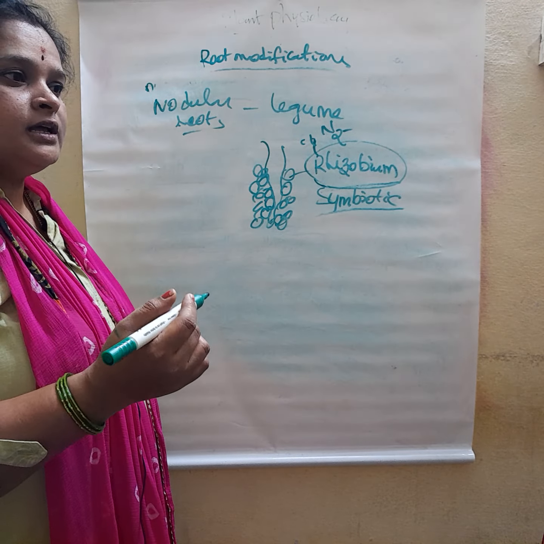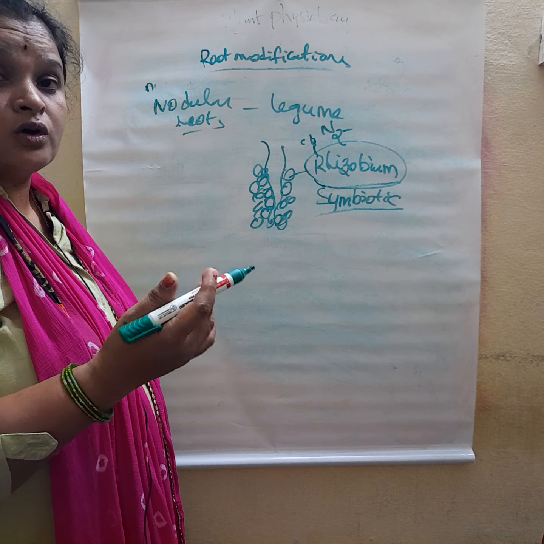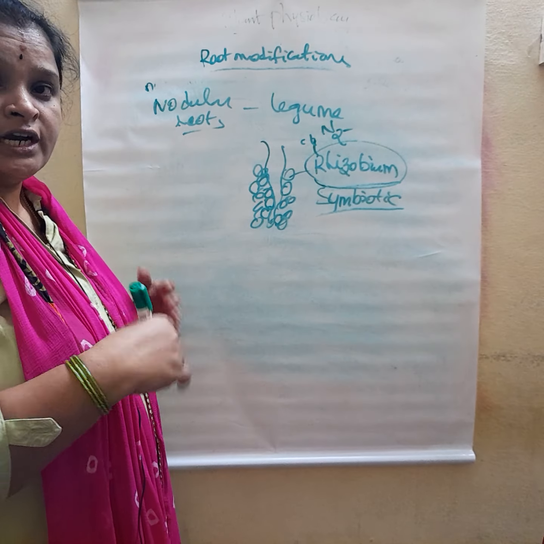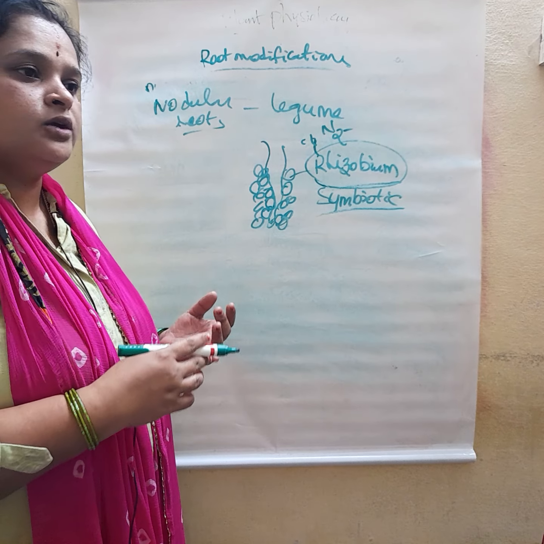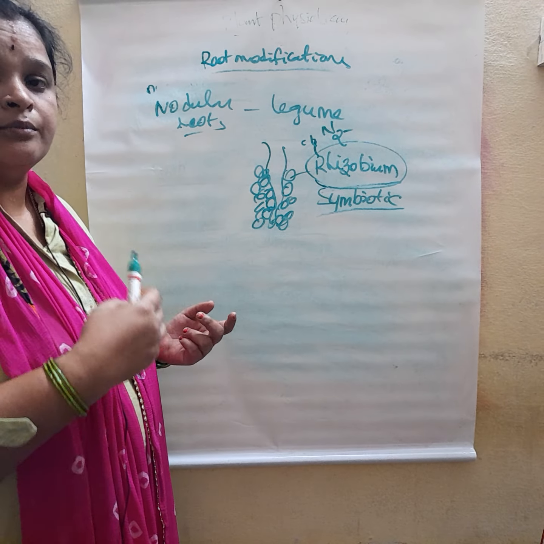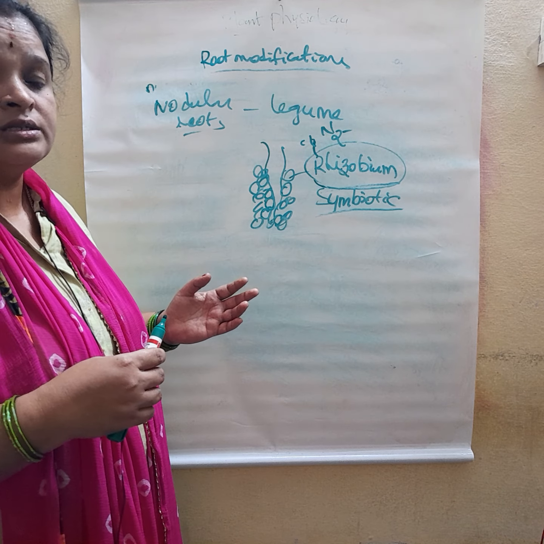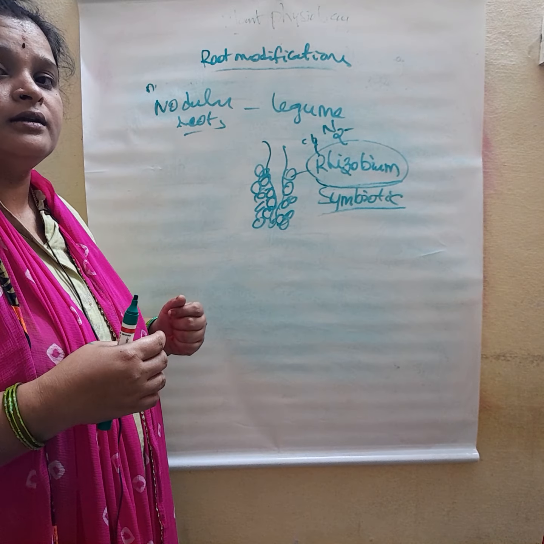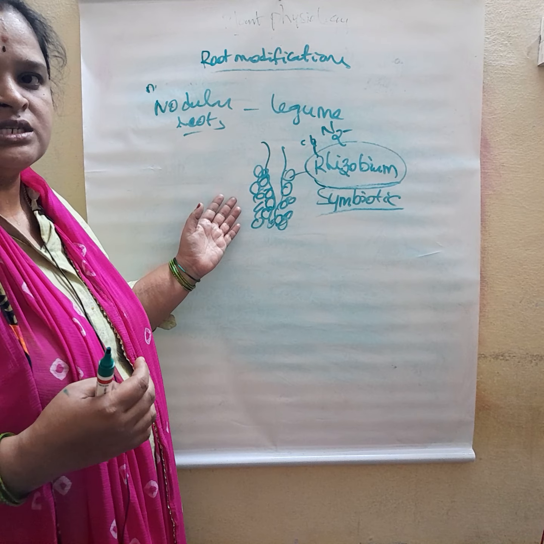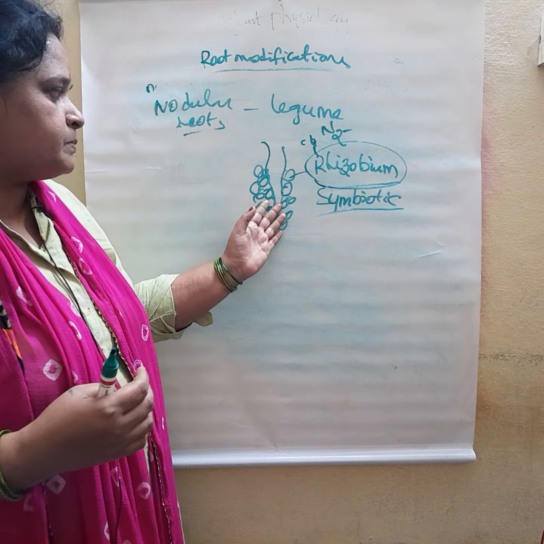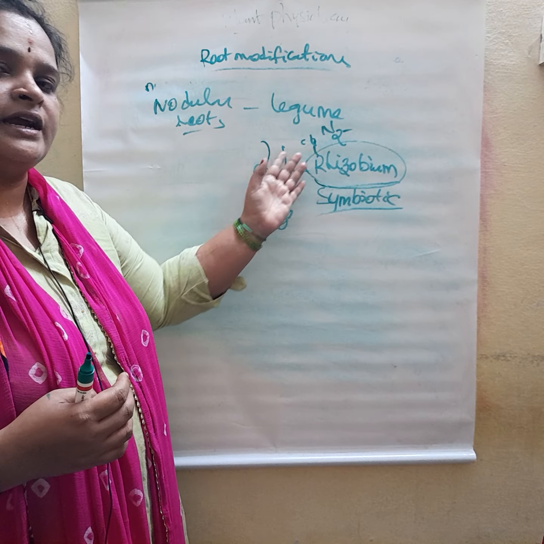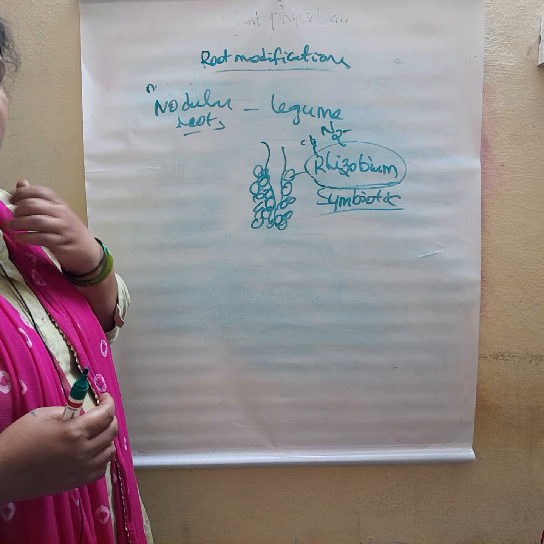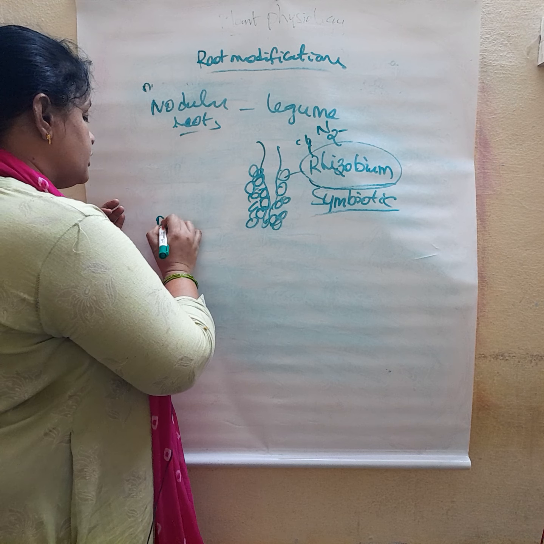The farmer first grows a rice variety, and after that he does not go for rice again. He rotates the crop with legume plants like red gram, Bengal gram or black gram, because rice makes the soil lose nitrogen. The pulses have rhizobium bacteria, which fix nitrogen and increase soil fertility. They are called nodular roots.